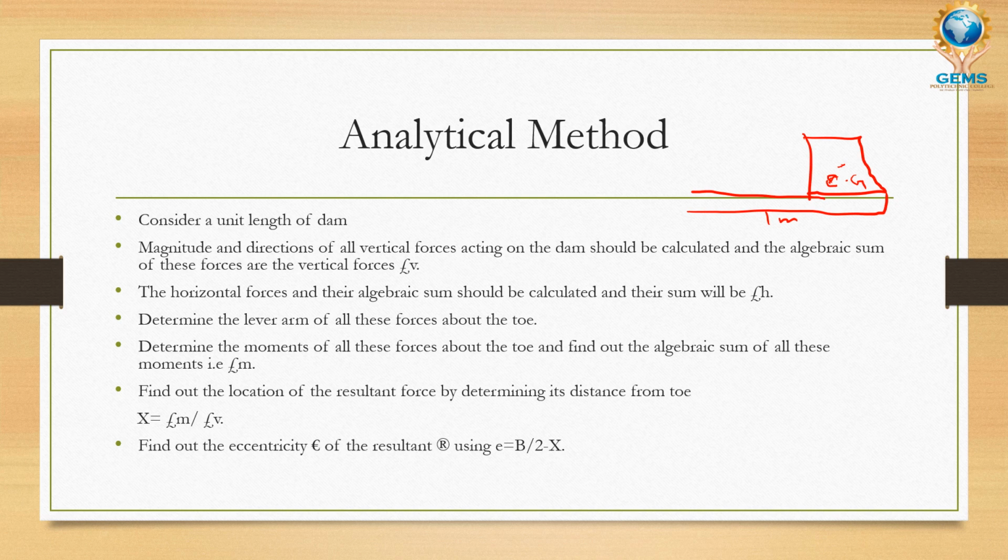From this point, where the forces are generated, all the vertical forces acting on the dam should be calculated, and the sum of these forces is taken as summation V. Understand it clearly, it's summation V. I have explained in the previous PPT what the vertical forces acting on the dam are.